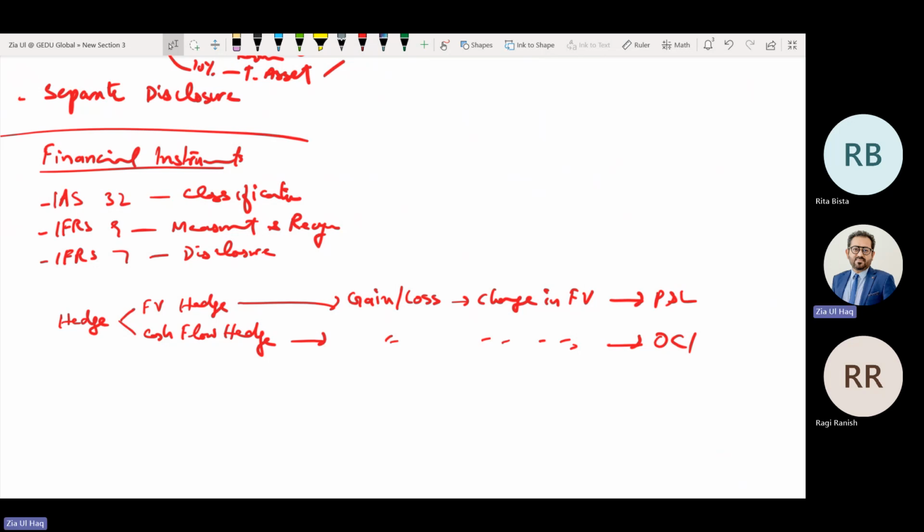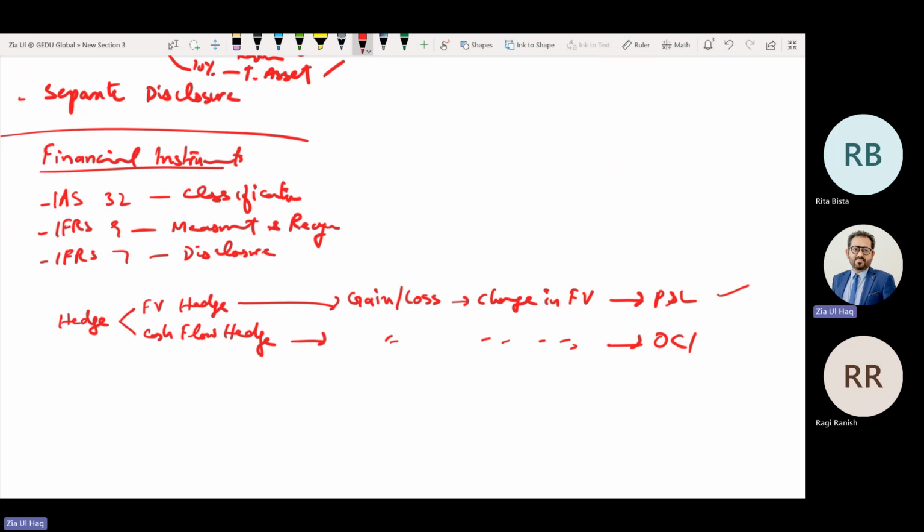Now I'm going to discuss this a little bit in different way, more technical. So we'll say per IFRS 9, change in fair value gain loss relating to fair value hedge should be charged to P&L, and change in fair value gain loss relating to cash flow hedge should be charged to OCI.